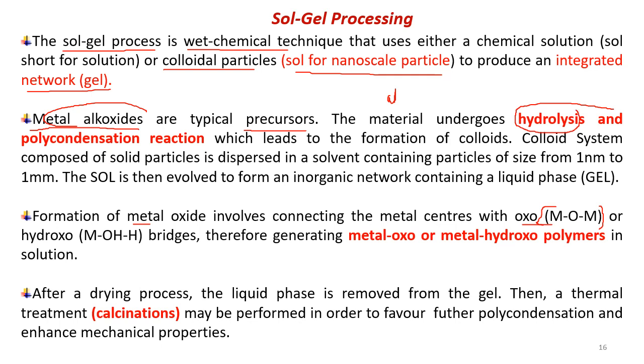For that reason we make it go through this process, hydrolysis, and later it is condensed or dried to form a solution, or a gel. The formation of a gel from a solution is what we call polycondensation, which leads to the formation of colloids. These colloidal systems are composed of solid particles dispersed in a solvent, with sizes of 1 nanometer to 1 micrometer.